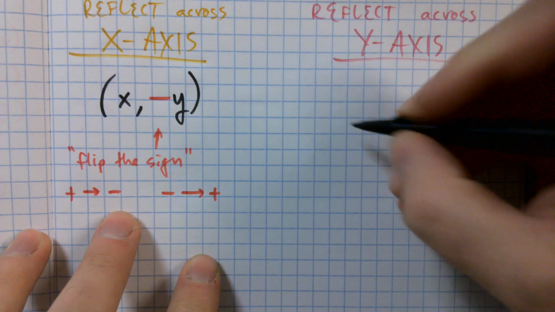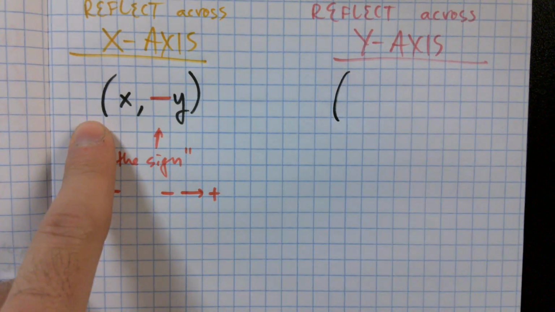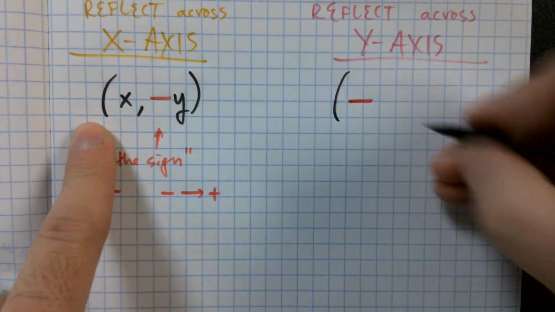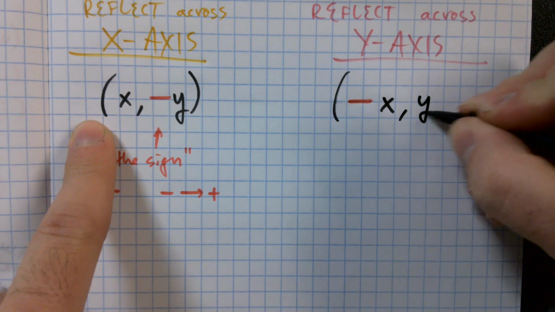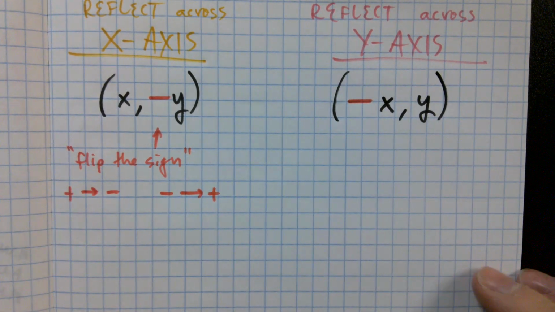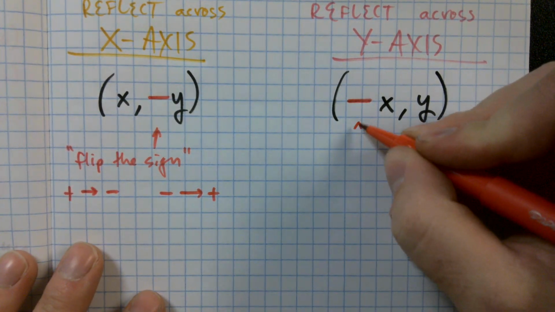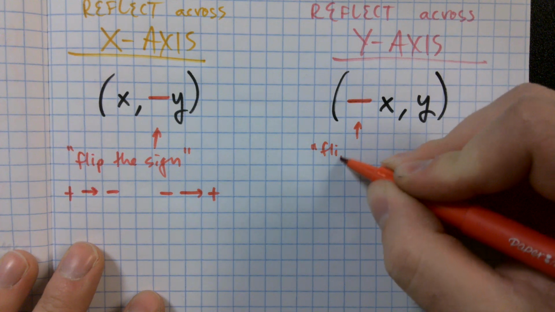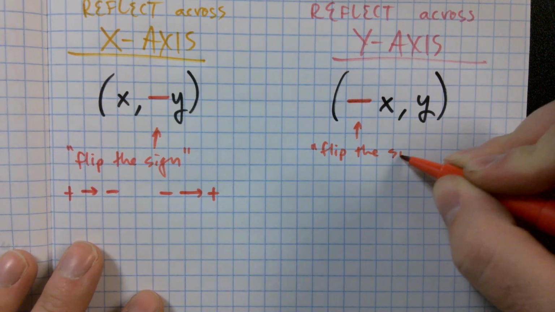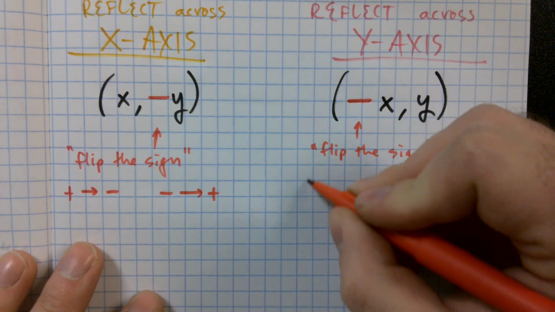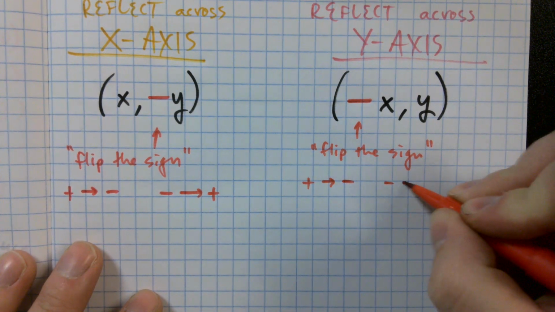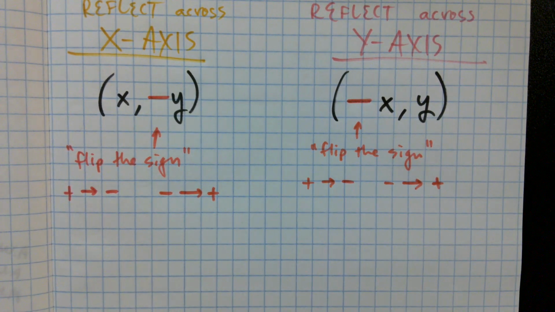If I'm reflecting over the y-axis, I'm just doing the opposite. My rule would be (-x, y). Again, I'm flipping the sign. Plus goes to minus, minus goes to plus.